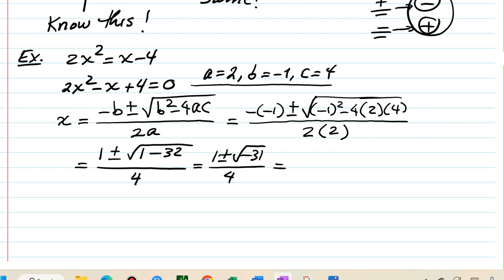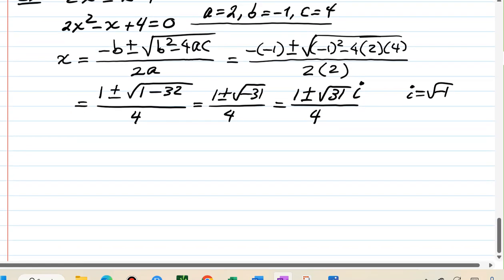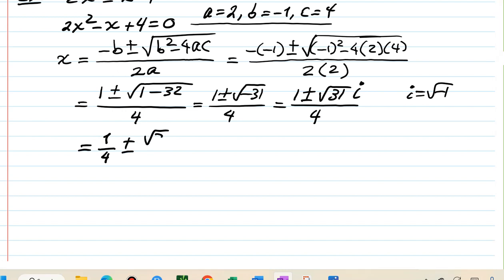Now anytime we have square root of negative numbers, remember the i. We write it as root 31 i in order to get the negative out of the radicand. That's the legal way of doing it. And there we go. We have two solutions. One answer is 1 plus root 31 i over 4. The other one is 1 minus root 31 i over 4. And please note the most common mistake here is to write it as 1/4 plus minus root 31 i.